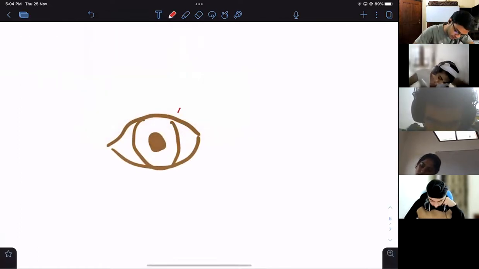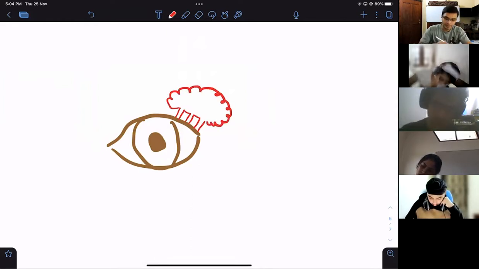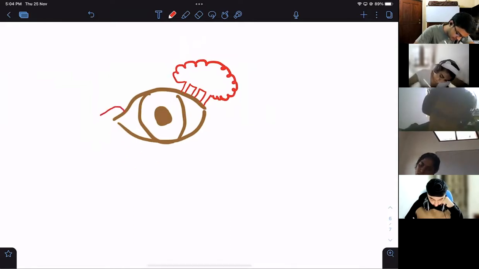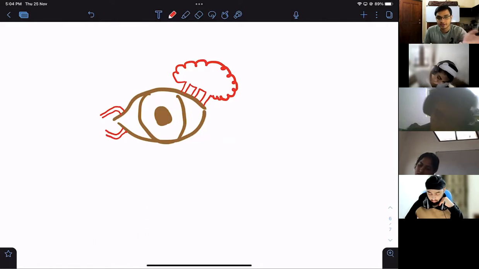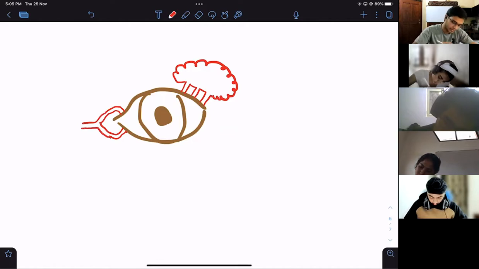In this eye, guys, you all know the lacrimal gland is located somewhere here. Looks something like that. And here we have this structure that drains. So the lacrimal gland will secrete the tear, and this structure drains all these tears into this structure. We will name this for now, just draw it.